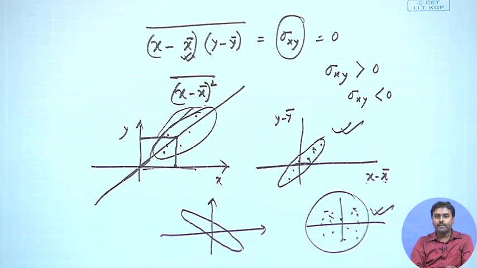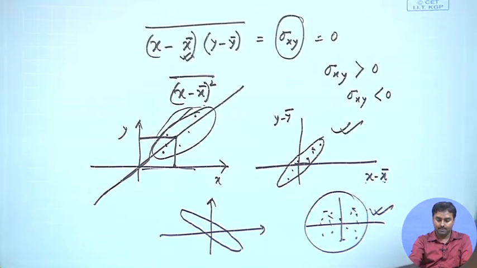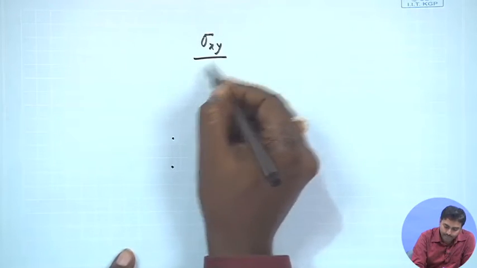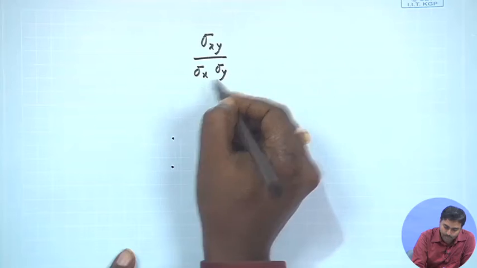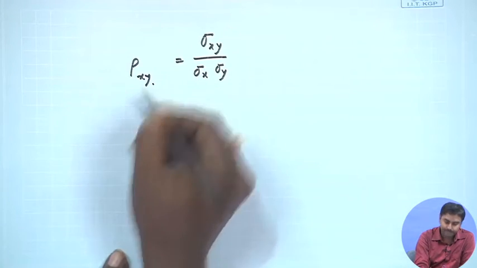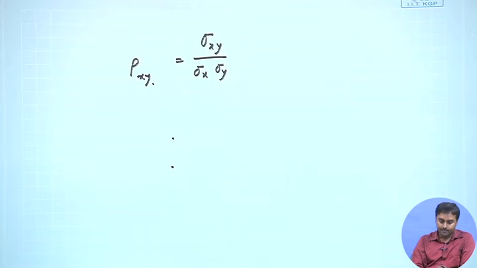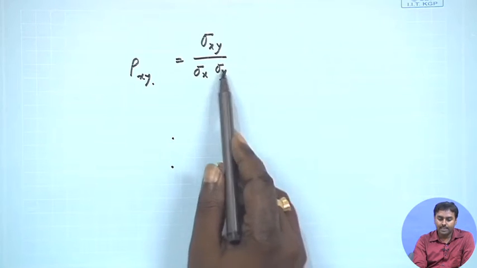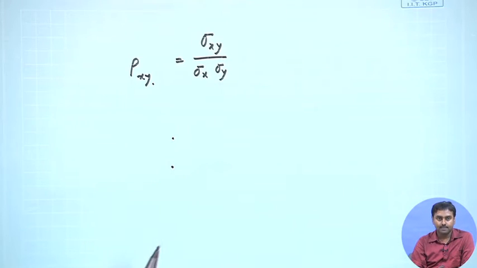And there is a technique to normalize it. What generally people do is this sigma xy is divided by sigma x into sigma y, that is called the rho xy, just to normalize it. Whatever the value of sigma xy, this cannot be bigger than this multiplication, right, because that is the biggest that it can get.